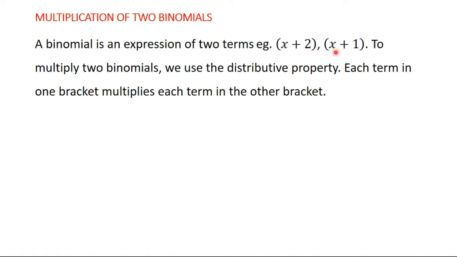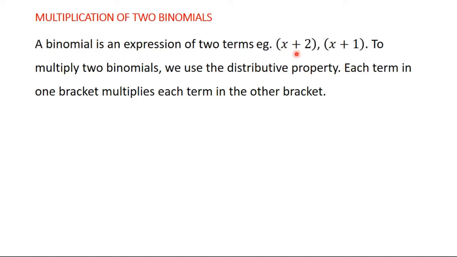Then in this example, we have x plus 1. So x is a term and 1 is also a term. So here we have two terms. So an expression of two terms. In this case, x plus 2, or in this case, x plus 1. These expressions are called binomials. So x plus 2 is a binomial and x plus 1 is a binomial. An expression of two terms.